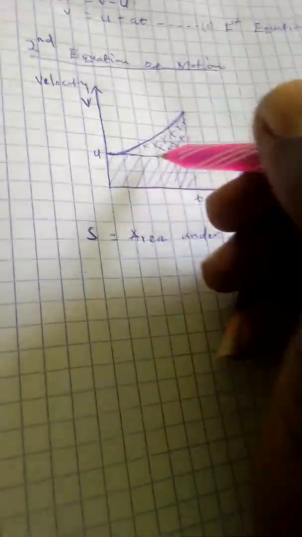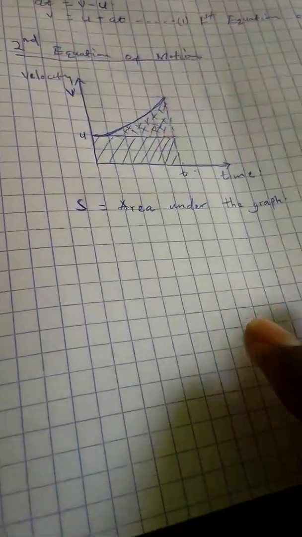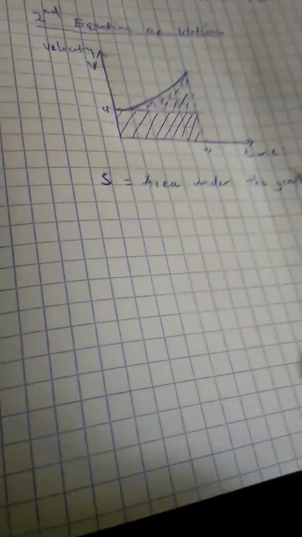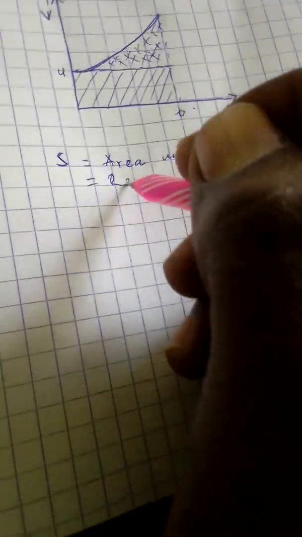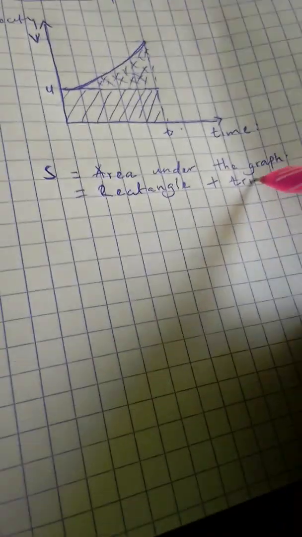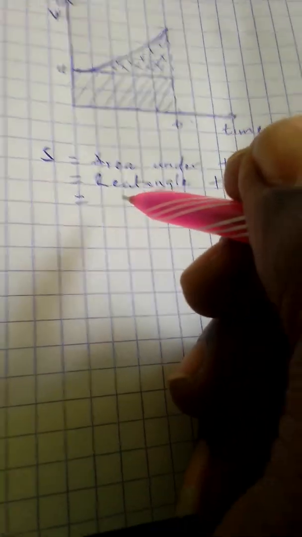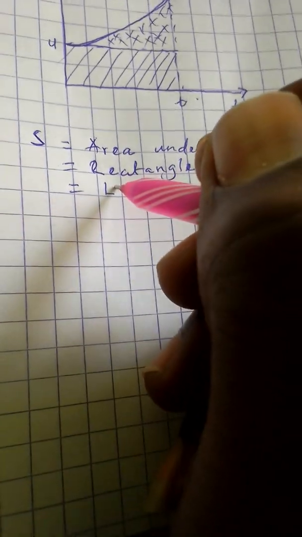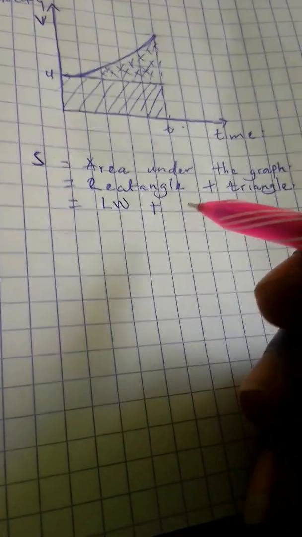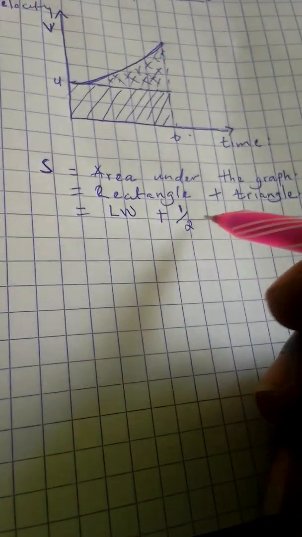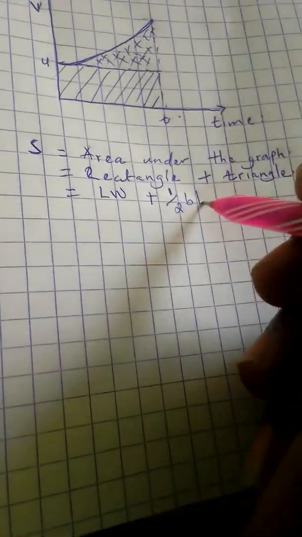So to get the displacement using the velocity time graph, we get the area of these two figures, which is the rectangle and triangle. The formula for finding the area of a rectangle is length times width, as we all know. And the area of a triangle is a half base times height. What's the length?